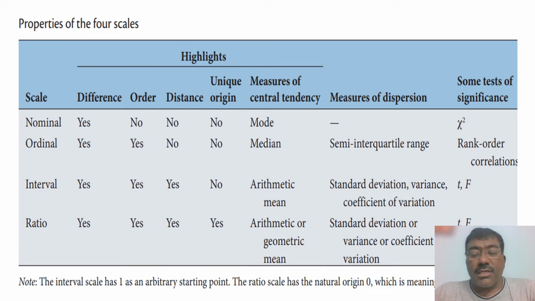The next one is the interval scale. The interval scale also classifies, meaning categorizes, all the respondents, and also arranges them in order. Another advantage is that we can find the distance between the options, the distance of the sample respondents.